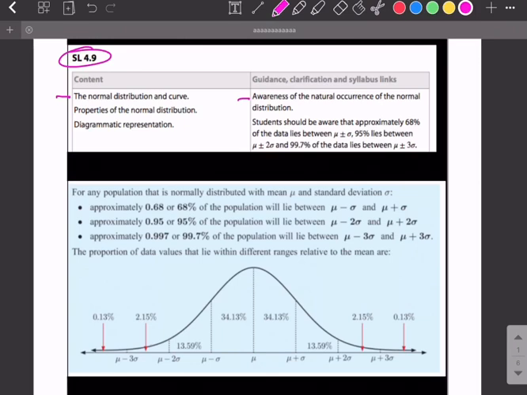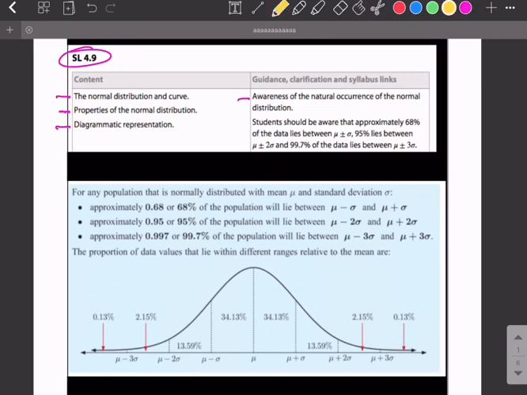I think we covered this in the previous two lessons. Now, properties of the normal distribution. I think we have covered this also, that you have a bell-shaped symmetric curve. Now, the diagram, which is important, we talked about it, but I'm going to reiterate a couple of things.